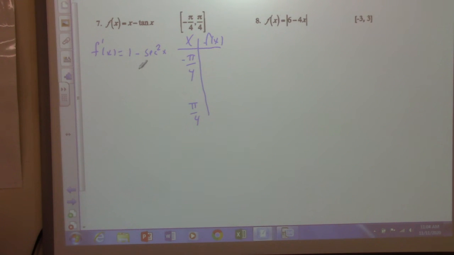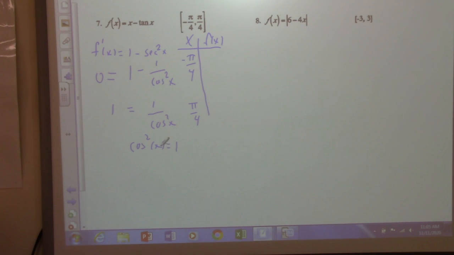And secant squared is 1 over cosine squared x. That's what secant is, so 1 minus that. We set that equal to 0. We have 1 equals 1 over cosine squared x, and we cross multiply that. We have cosine squared x equal to 1.